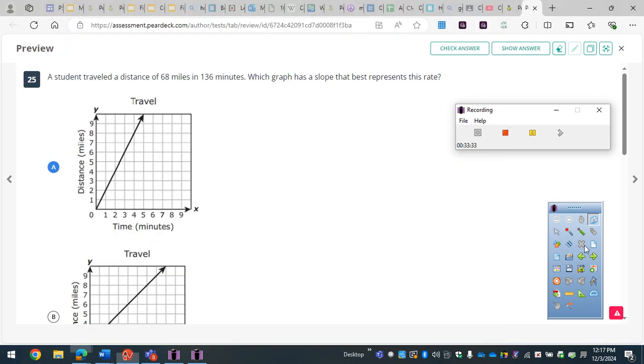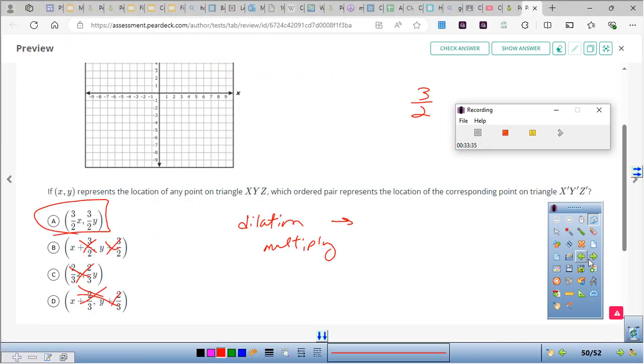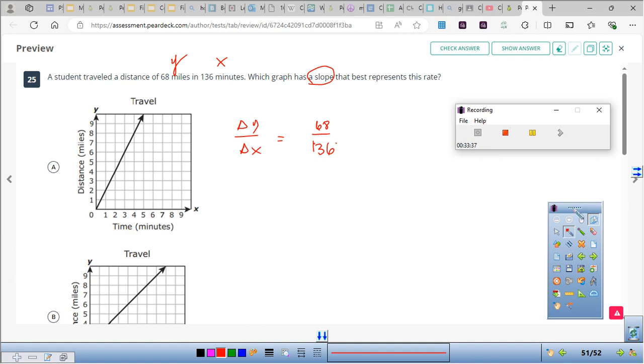So let me come back over here. I don't know why I didn't see that. It's like an easy one. So it's going to be 1/2. Again, this is your change in y. So you want to look for a y coordinate of 1 and an x of 2.